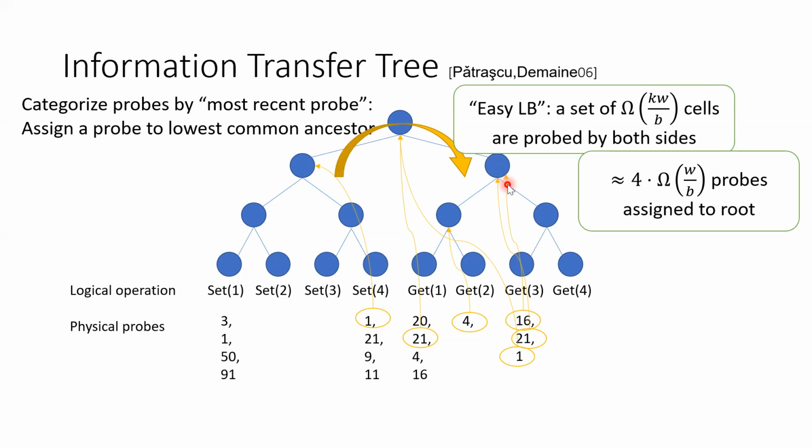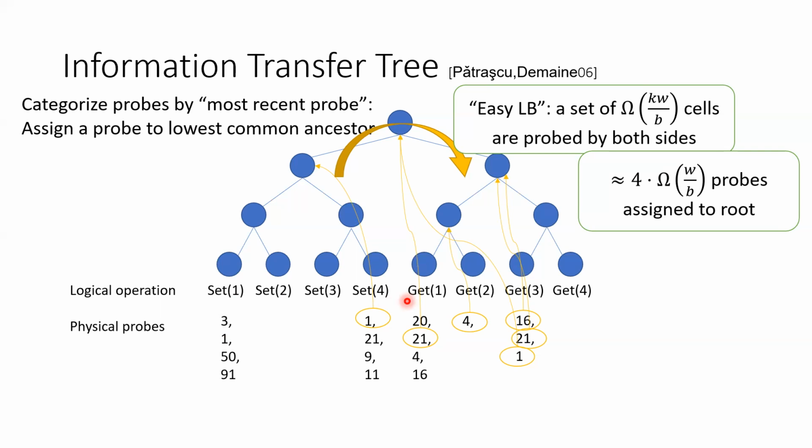And the nice thing in this information transfer tree is that if we look at this specific logical operation sequence, we can divide this sequence into left side and right side. And our easy lower bound says that the left side and the right side of this logical operation sequence have to touch a large enough set of cells.